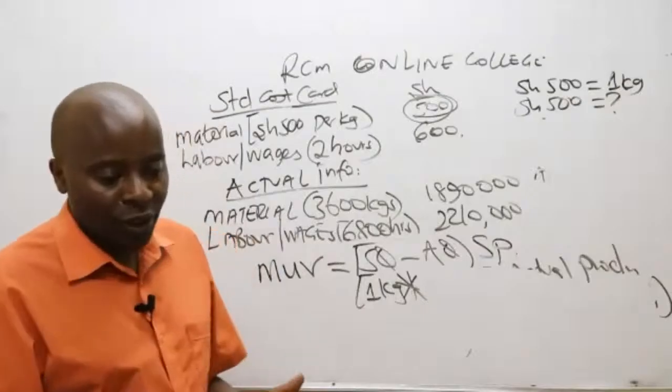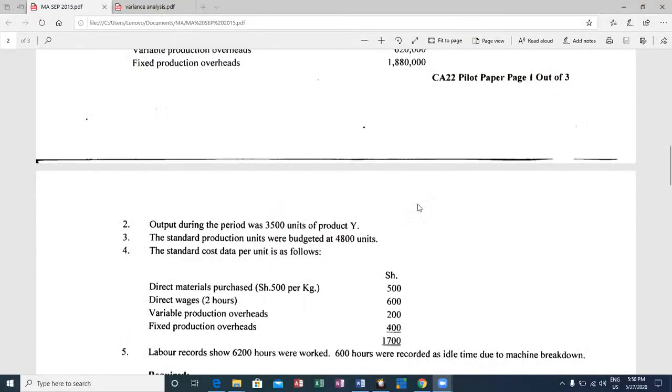And of course, from the question, the actual output was 3,500 units. Minus the actual quantity. I always get students confusing here, and that is why I like writing AQ used, actual quantity used.